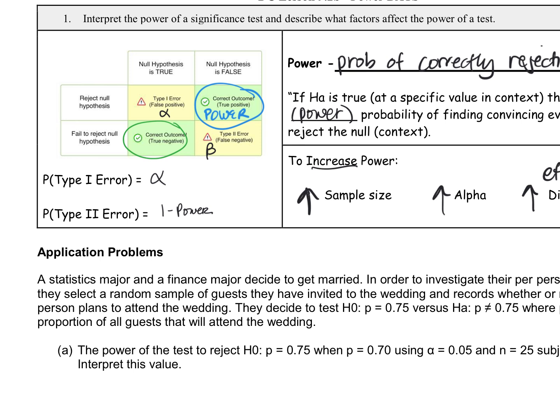P is the true proportion of all the guests who will attend the wedding. The power of the test to reject the null when P is 70, using an alpha of 0.05 and a sample of 25, is 0.10. That power is low, right? Low. So it says to interpret the power.